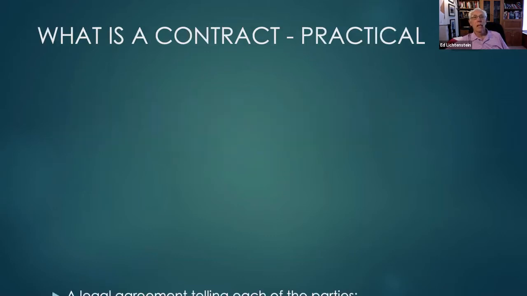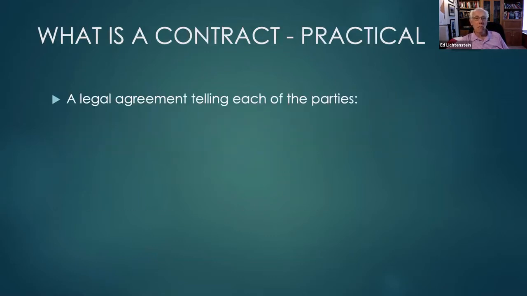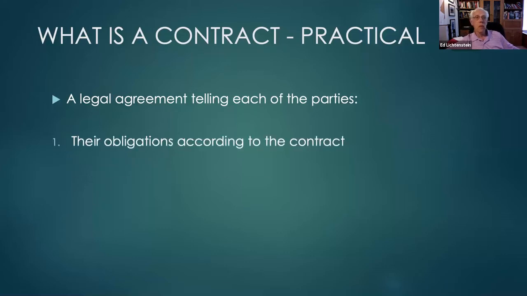Okay. What is it practically? And that's aside from the legal agreement. It's an agreement which tells each of the parties to the contract, and they can be 2, 3, 4, 5 different parties to a contract or more, one, what their obligations are according to the contract.